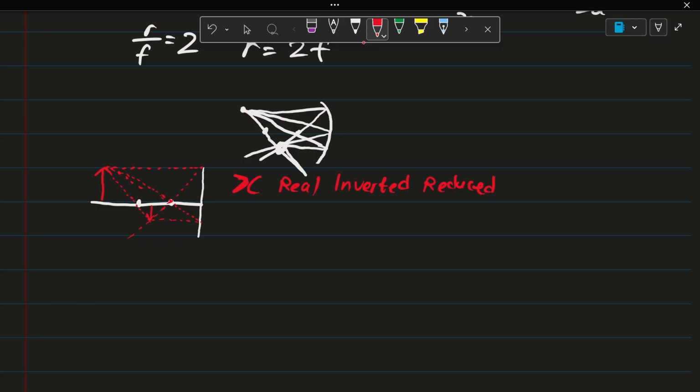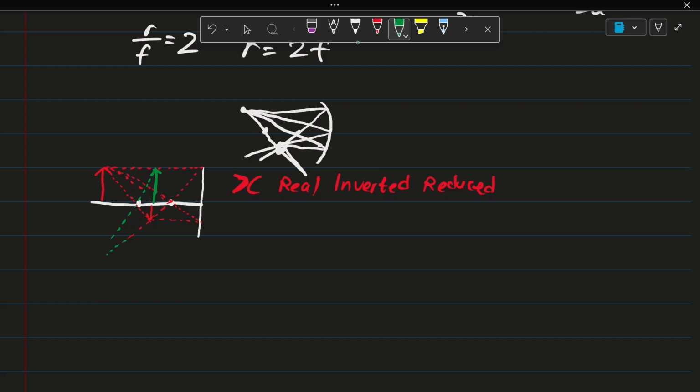But what if we do the same thing, but at this point? What will happen to your reflection? We have the same ray that goes perpendicular to the mirror, and then you could take this ray and pass it straight through.